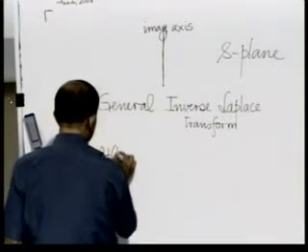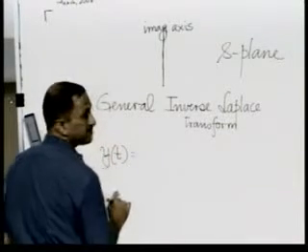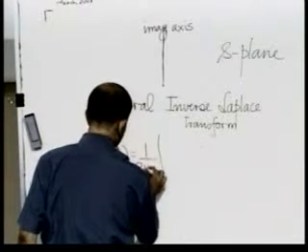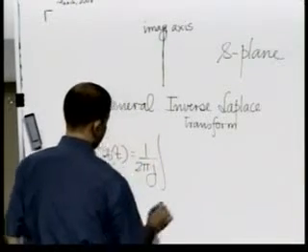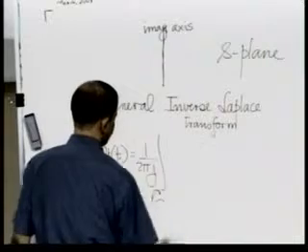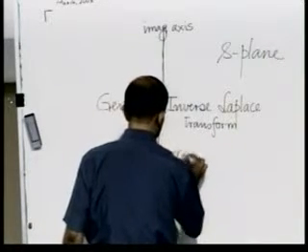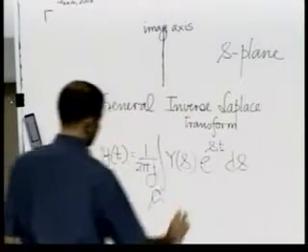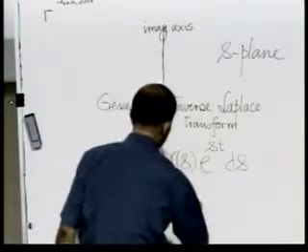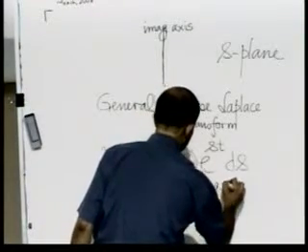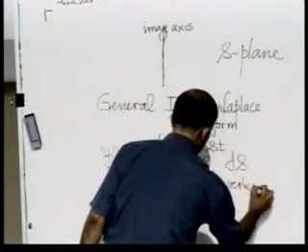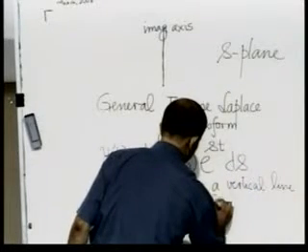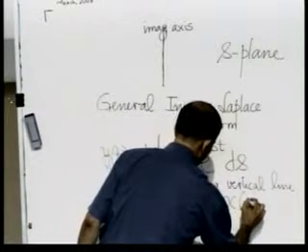Y of t, whose Laplace transform is capital Y of S, is given by the integral, where the contour C is a vertical line in the ROC from bottom to top.